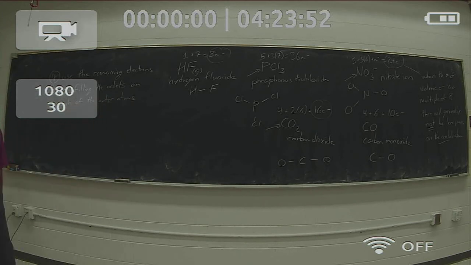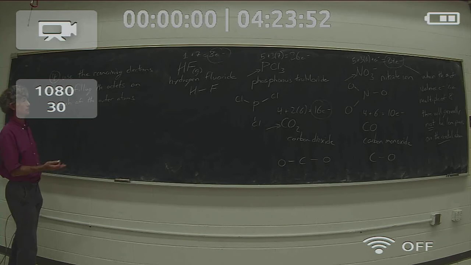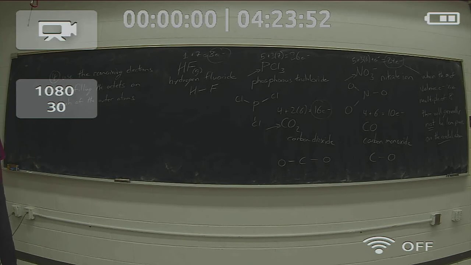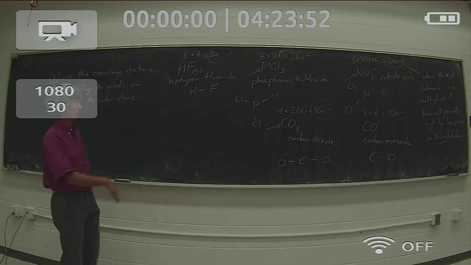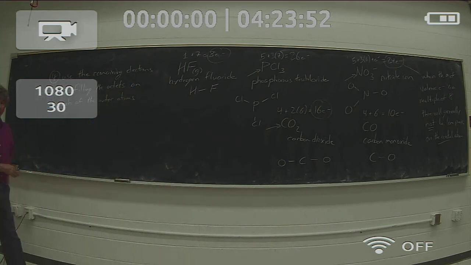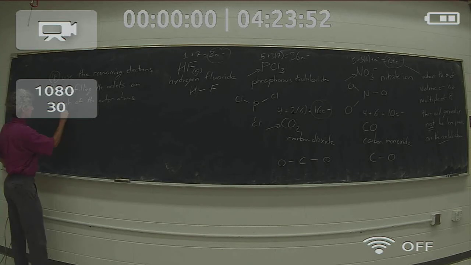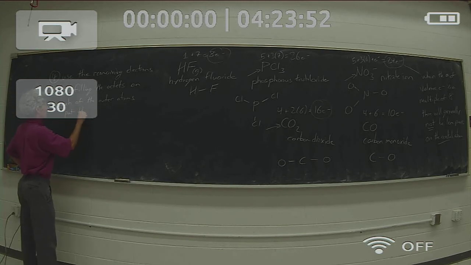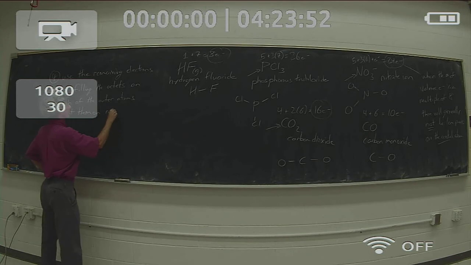Generally, the outer atoms are the more electronegative of the bunch, and it would make sense that you would want to put additional electrons on the most electronegative elements first. That's going to continue to be true where you have outer atoms that are not all the same. In our case, all of our outer atoms are the same: the 2 oxygens of carbon dioxide, the 3 chlorines of phosphorus trichloride, the 3 oxygens of nitrate ion, but that's not always the case. And if they're different, put them on the more electronegative element first.